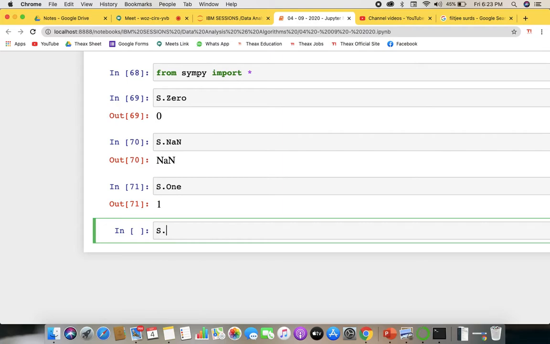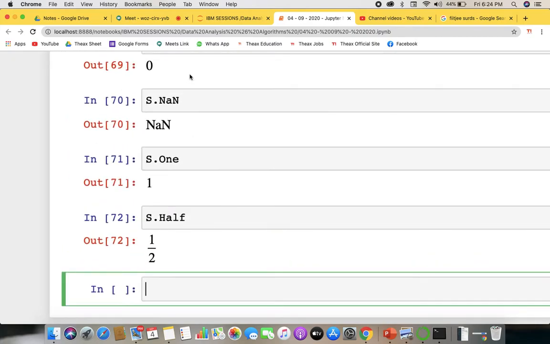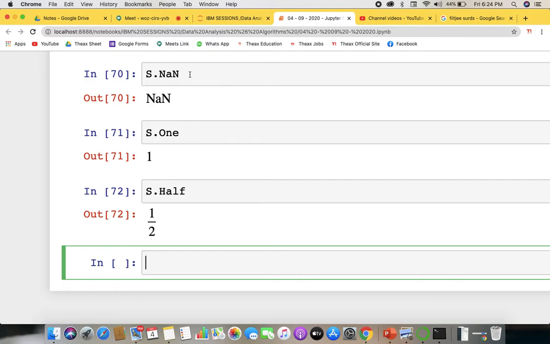The very common one, half, 1 by 2, right? Now let's say that we have written half. Now, if I want to represent it as 3 by 2, then what's the case? 3/4 maybe, I don't know.